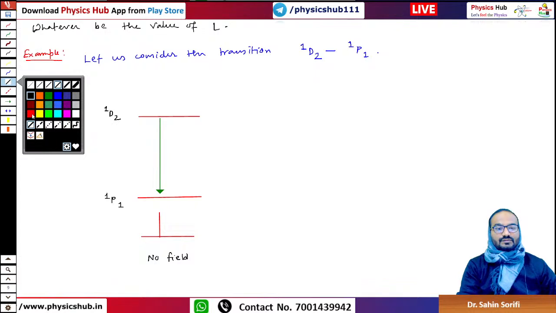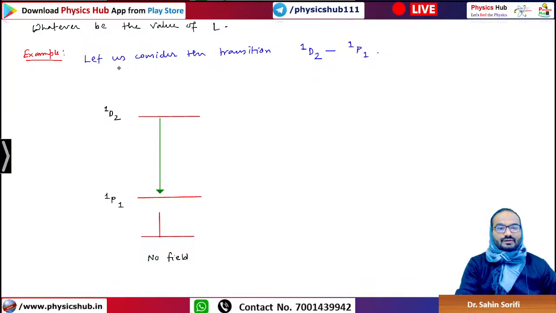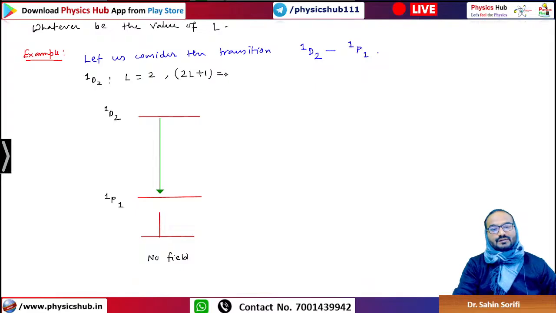Yes, for 1D2, here the L value is S, P, D: 0, 1, 2. So it will get split into 2L plus 1, that means 5 values. What are those 5 values? Plus 2, plus 1, 0, minus 1, minus 2.